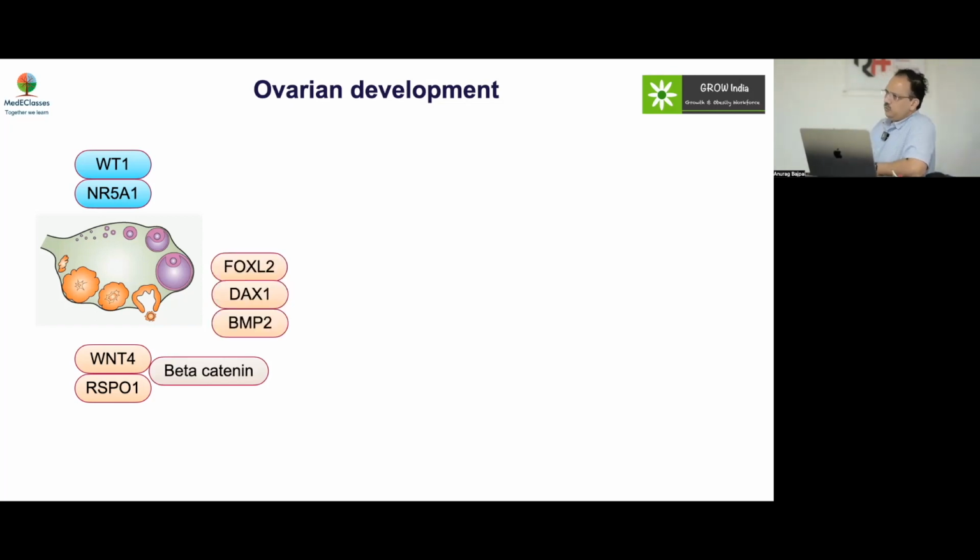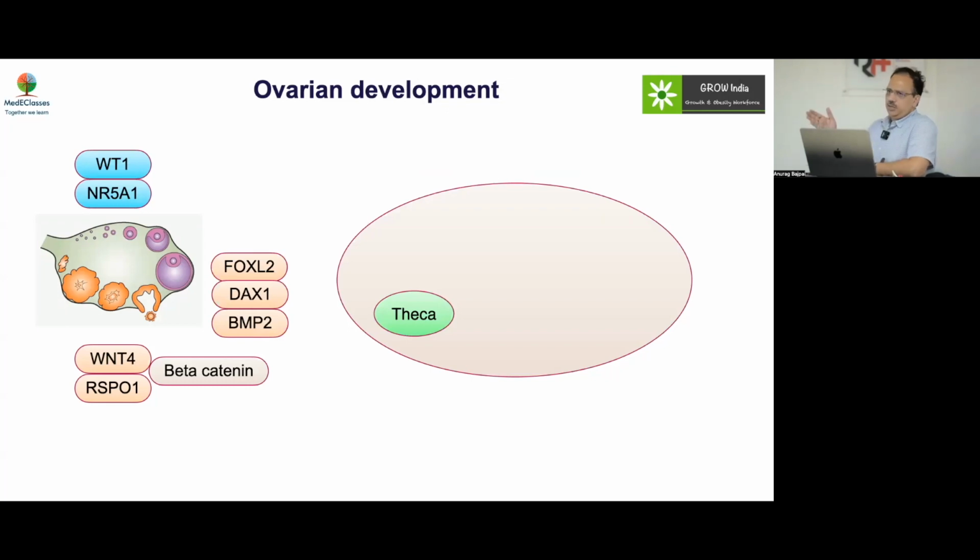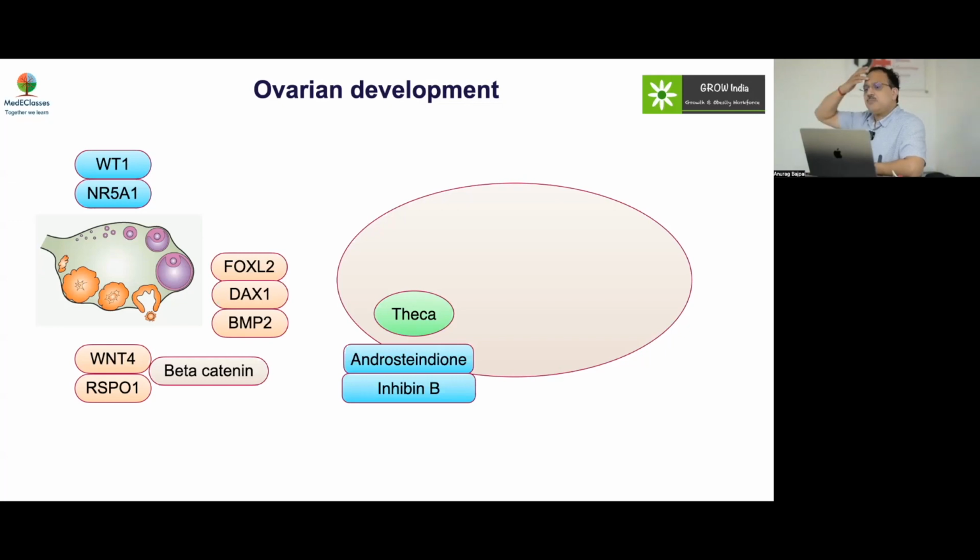And then you have got the secondary ovarian developing genes, of which BMP2, which is a bone morphogenetic protein, plays an important role in ovarian development along with DAX1. And then from there in ovaries, we know that you've got the theca cells, which produce the androgens. Theca cells are producing androstenedione, which is important from that perspective, and they will also be producing progesterone.